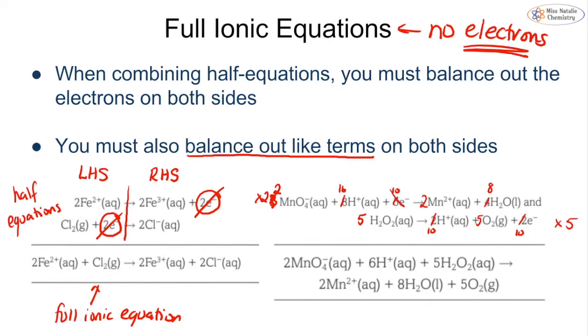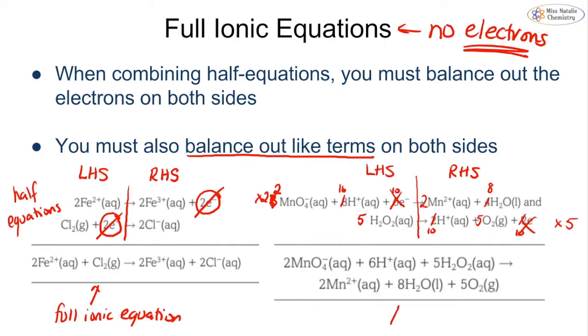Now I can balance out my electrons and remove them, but notice that on both sides there are also hydrogen ions. They must also be removed to balance out. All like terms have to be balanced. So if I have 16 on the left hand side, let's put my line in again, I have 16 on the left hand side and 10 on the right hand side, so that is going to balance out to 6.